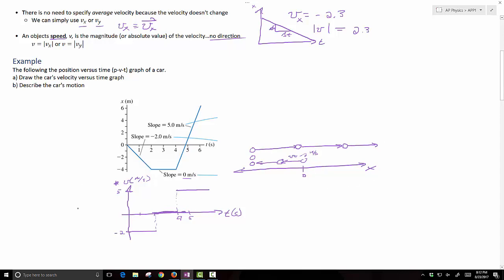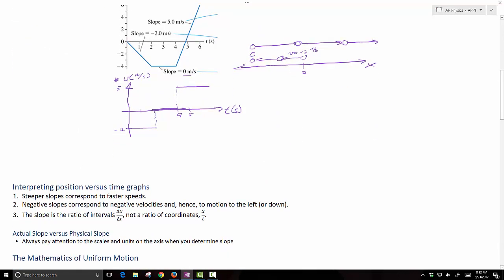All right. So let's see, interpreting position versus time graphs. When you have a position versus time graph, steeper slopes, whether positive or negative, indicate faster speeds because we're looking at the slope. Negative slopes correspond to negative velocity and hence motion to the left.